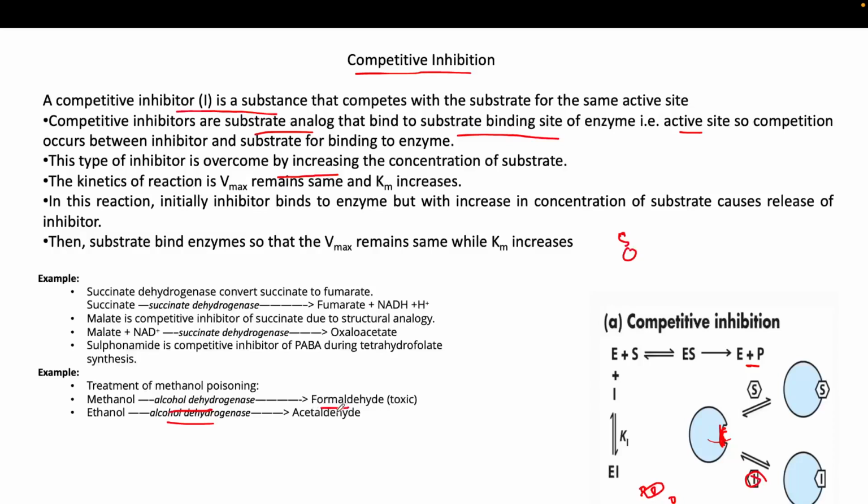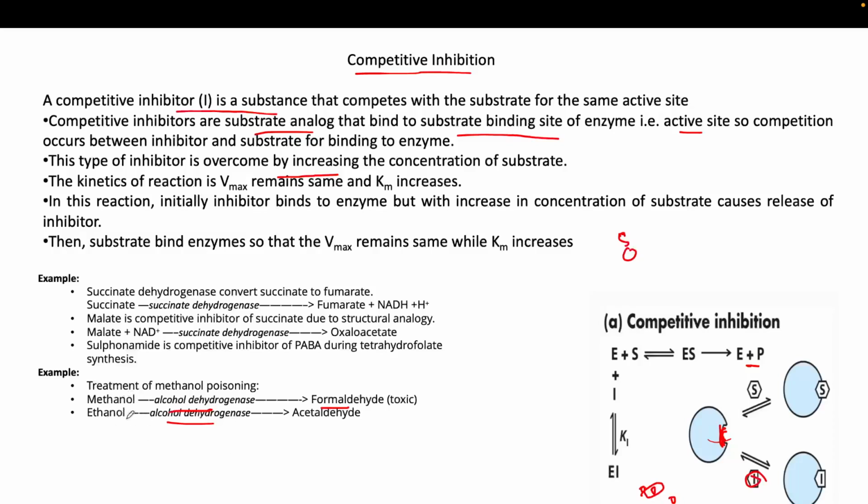To overcome this situation, what people generally do is give a higher dose of ethanol. If the ethanol concentration is higher inside our body, then definitely it will be more competitive in comparison to the methanol.